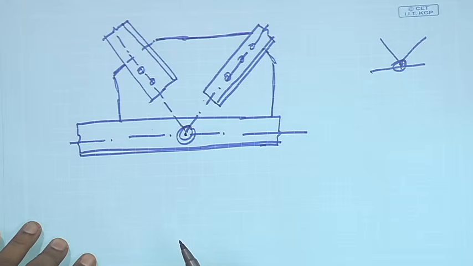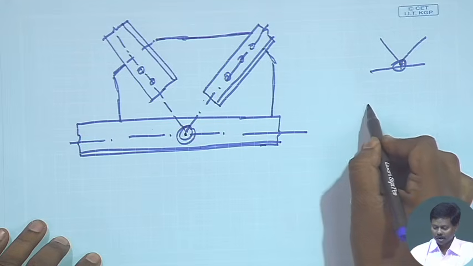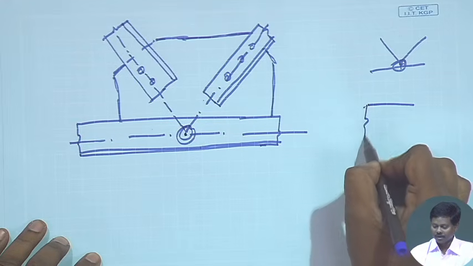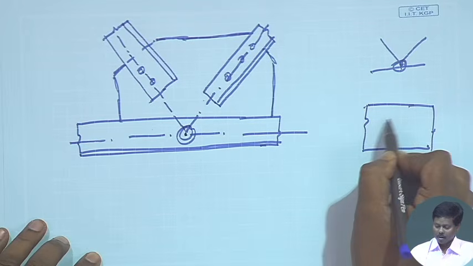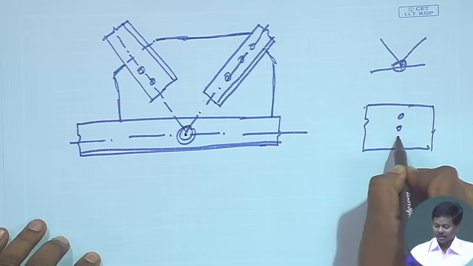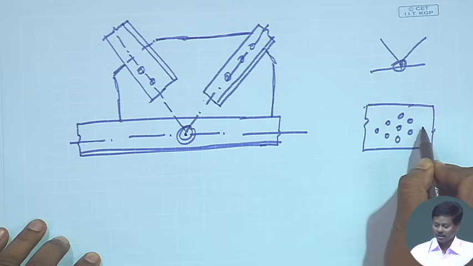The number of bolts should be increased gradually towards the joint for uniform stress distribution in bolt. I have shown one figure, if you remember, that for diamond bolting, we prefer diamond bolting, that number of bolts will be increased towards the center.